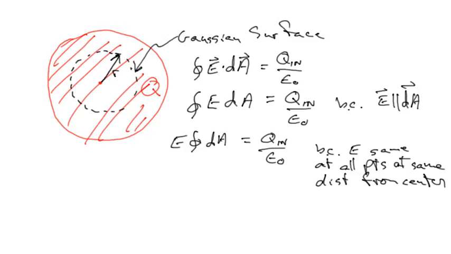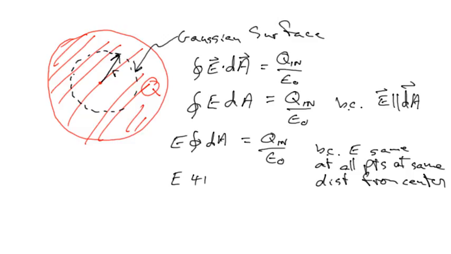So I'm integrating on this surface, and all points on that surface are a distance r away from the center, and E is the same at all those points, so I can factor it out. So then this just becomes E times the sum of all the dA's, just the area of the sphere.